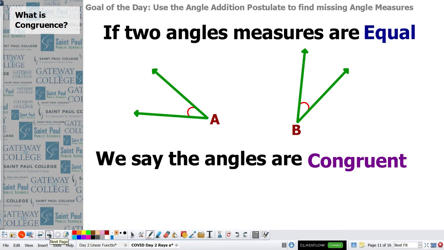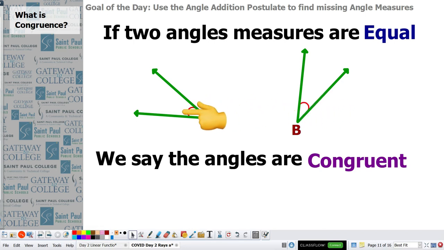All right, so let's talk about a little bit more definition. If two angle measures are equal, so if there's two angles, angle A and angle B, and they're the same size, first of all, we can show that by putting little arcs in there.